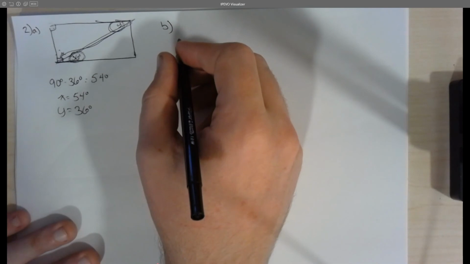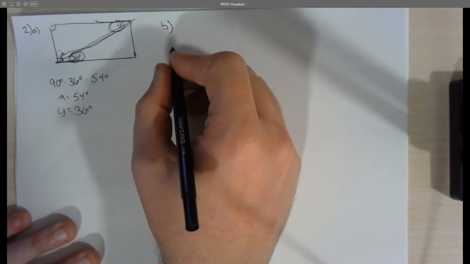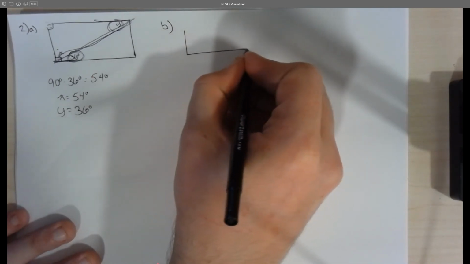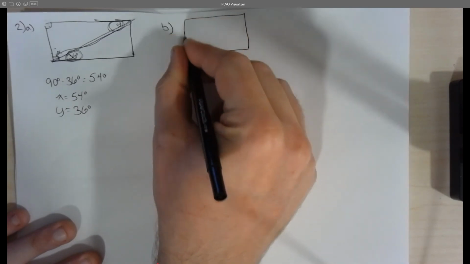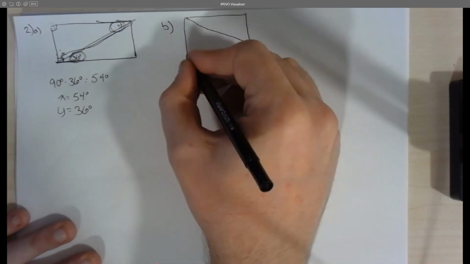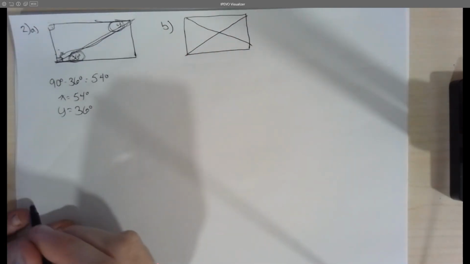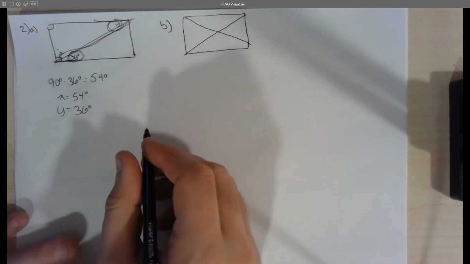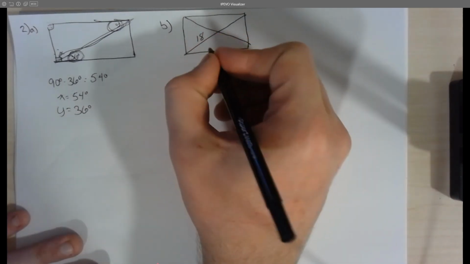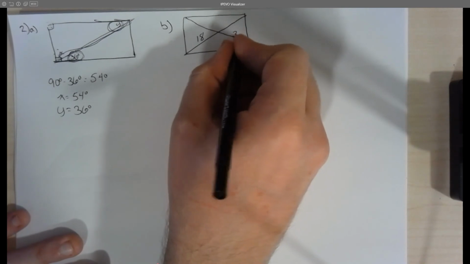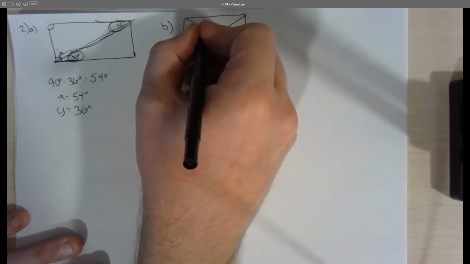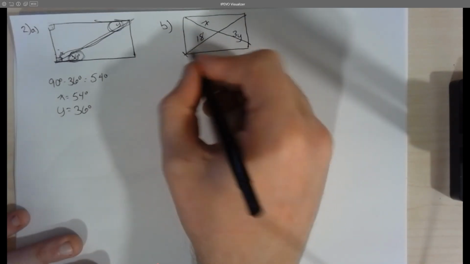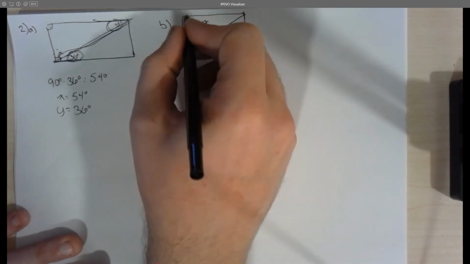B. In this one, we are dealing with side lengths instead. So we have our rectangle. Again, we have our lines coming across. Mine are maybe not as straight as they should be, but they're straight in the examples that you're given. This is 18, this is 3y, and this is x. Because this is a rectangle, all these lines should be the same length.